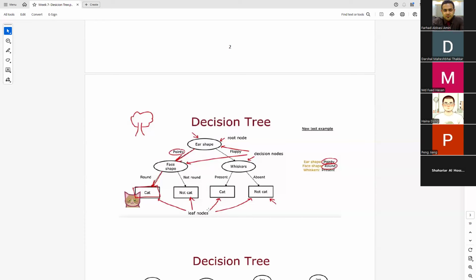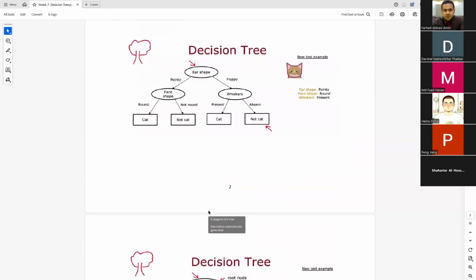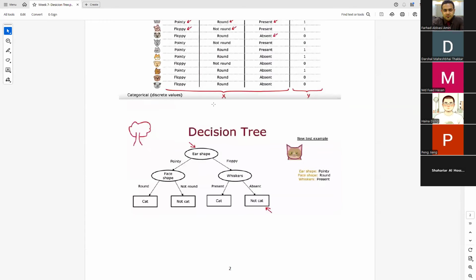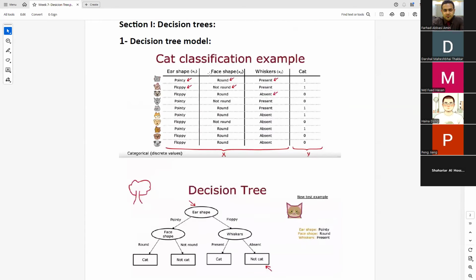In this tree, the first node is filled by ear shape. Then for the decision nodes, the left branch is allocated to face shape and the right one to whisker. You remember that in our data table, we have 3 features: ear shape, face shape, and whisker, and we are going to classify the image as cat or not cat, right?